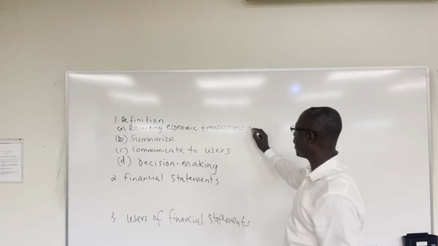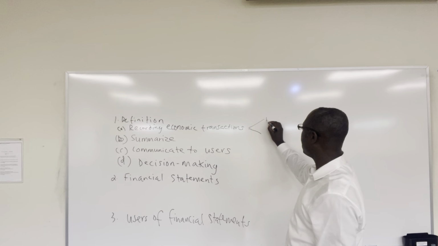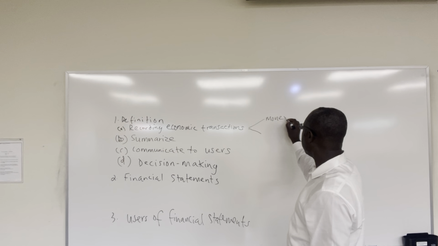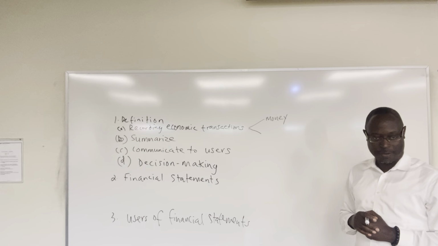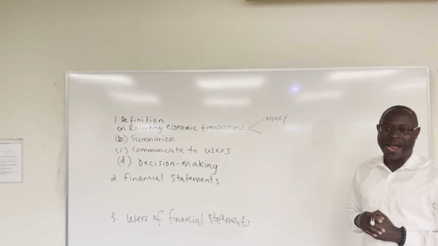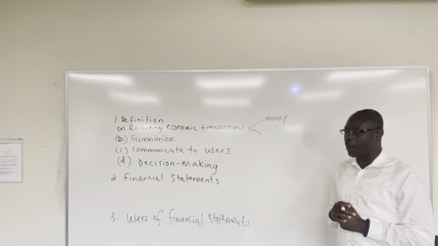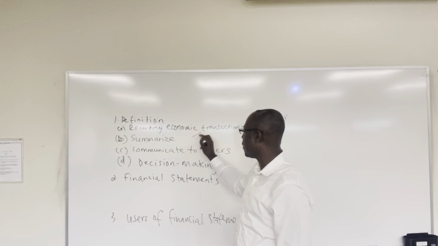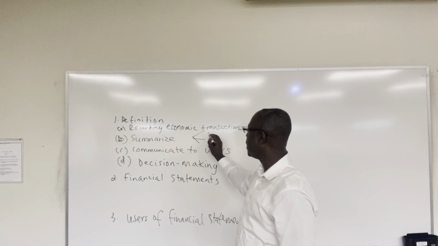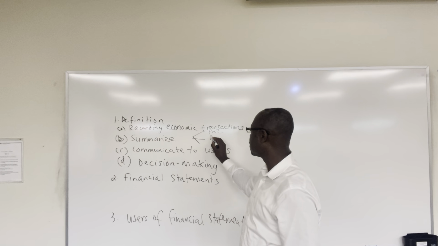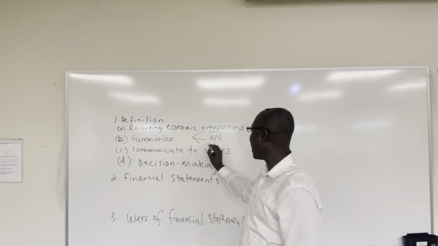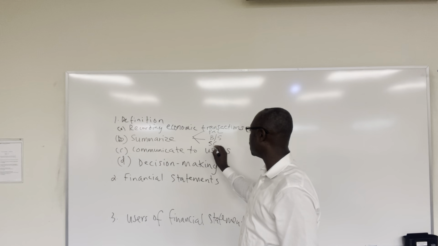What do I mean by economic transactions? In accounting, if information has monetary value, it is economic. We want to record it. And that is what we record in the form of the financial statements, which we know to be the P&L, the profit and loss account, the balance sheet, and then the statement of cash flows.